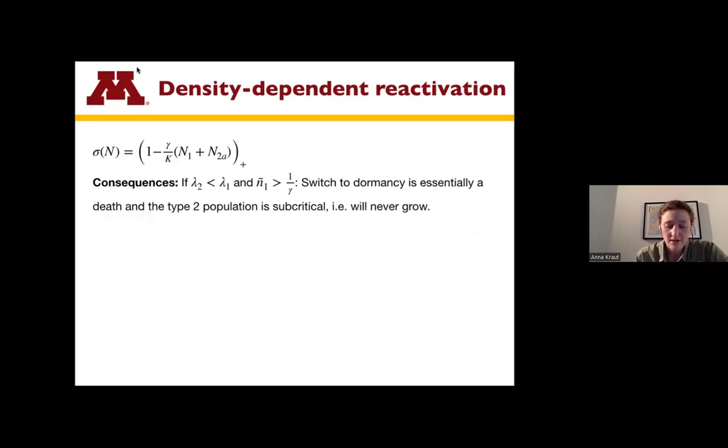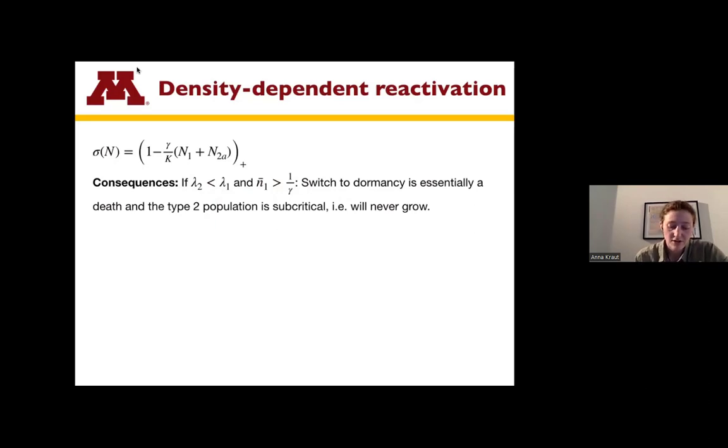So in this setup of looking at a dominant type 1 population and the potential for invasion of type 2, if we start out with an equilibrium of type 1, and this is now the rescaled size, larger than 1 over gamma, and we are dealing with a lower reproduction rate lambda for the type 2 individuals, then the switch to dormancy can essentially be viewed as a death because we have no reactivation.